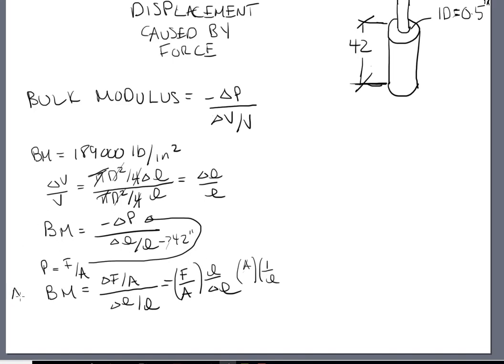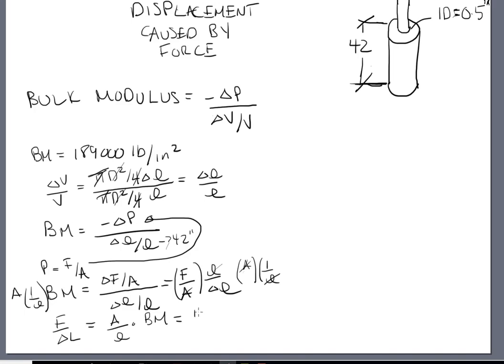I have to multiply by A, bracket 1 over L. So then this crosses out with this, crosses out with this, and we're left with F over delta L is equal to A over L times the bulk modulus.